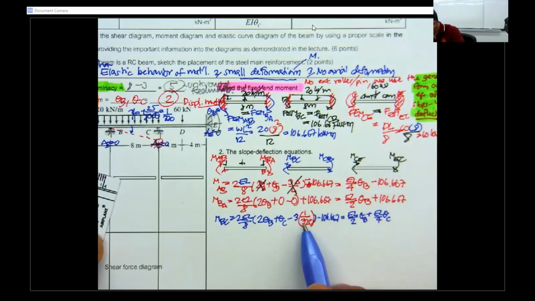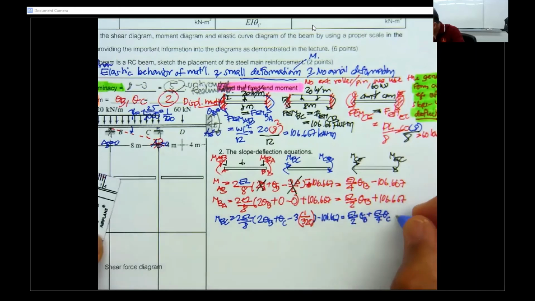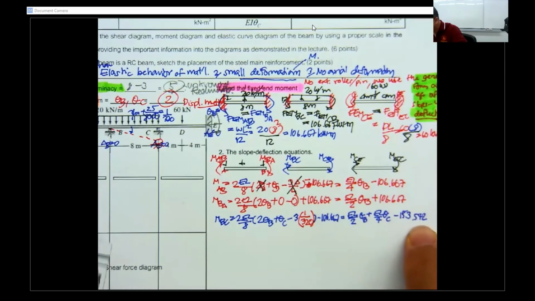Okay. And then you got to minus 106.667. So this one later, after computing in your calculator, you're going to get 153.542. The unit is going to be kilonewton meter later.